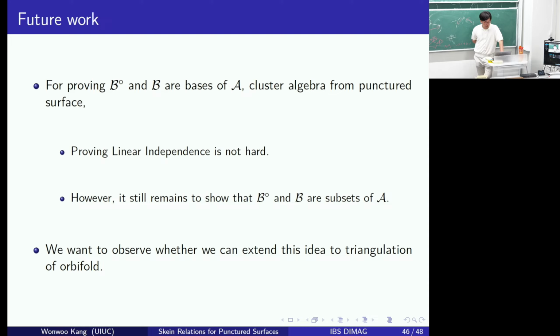In the orbifold there's also a triangulation, and for the triangulation of the orbifold we know there's a cluster algebra assigned to it. But one thing we don't know, number one, is whether the Skein relation holds there. The bigger problem is that we don't even have a poset language for the orbifold.